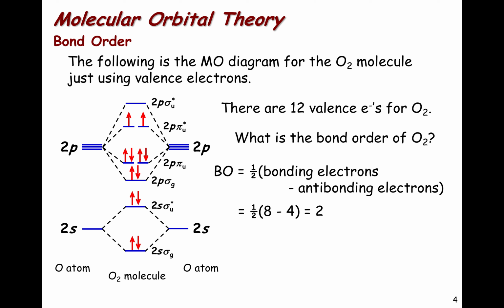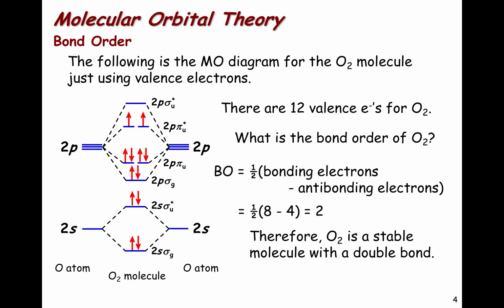In this case it is 8. There are 4 electrons in the anti-bonding orbitals, 2 of them from the sigma star coming from the s, and 2 in the pi star coming from the p. So 1/2 of 8 minus 4 is 2. And so this predicts a double bond, just like the Lewis dot structure does.